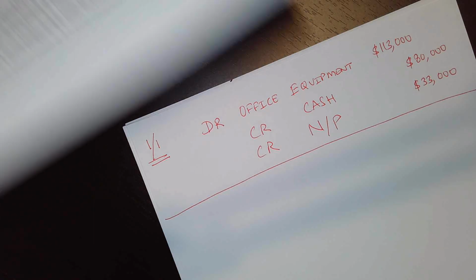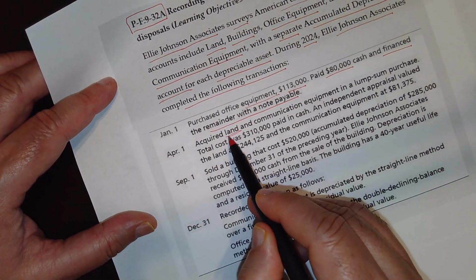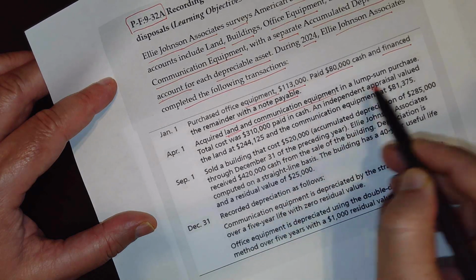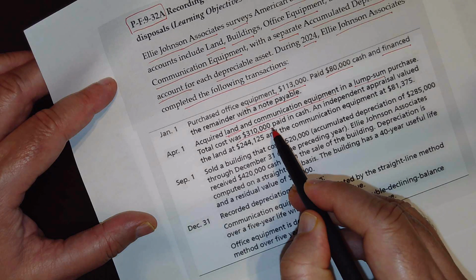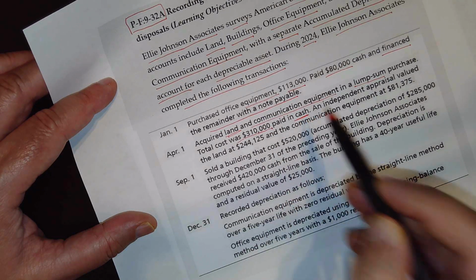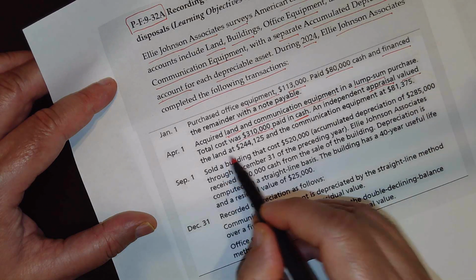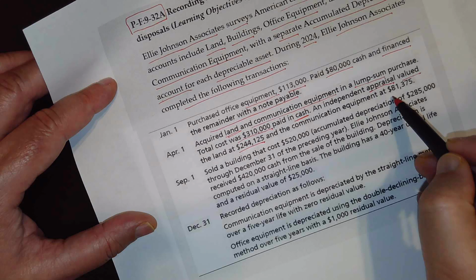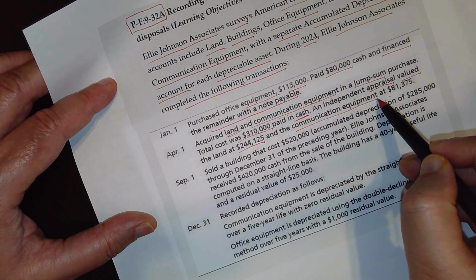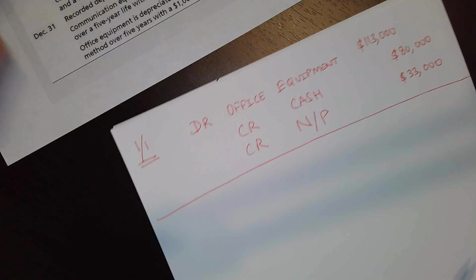In the second transaction, on April 1, the company acquired land and communication equipment in a lump sum purchase. Total cost was $310,000 paid in cash. An independent appraisal valued the land at $244,125 and communication equipment at $81,375. So how are we going to do this?